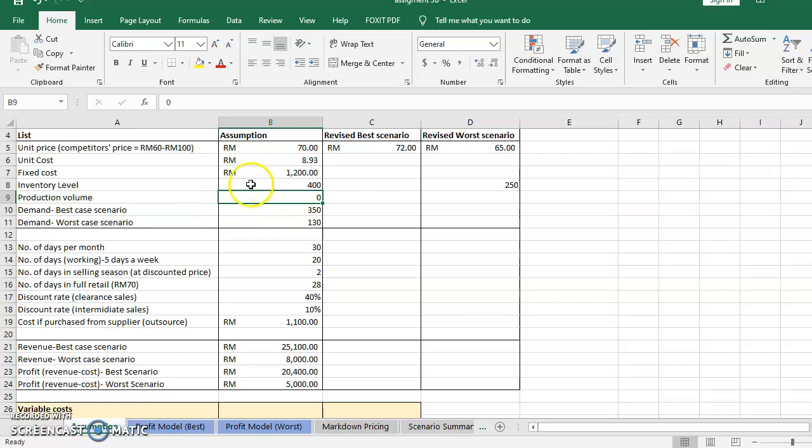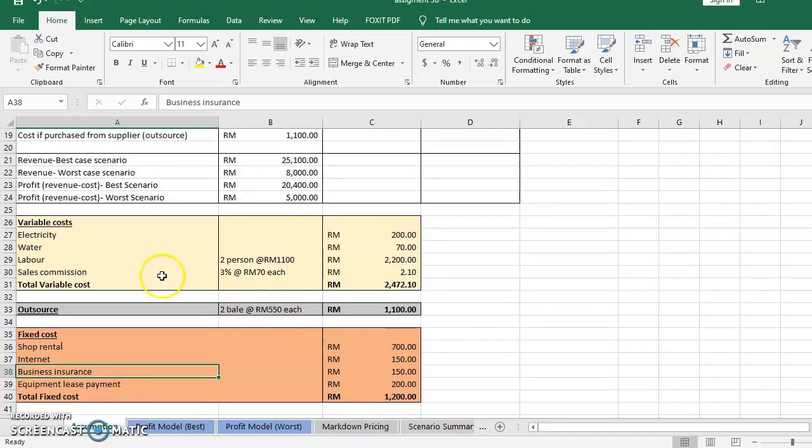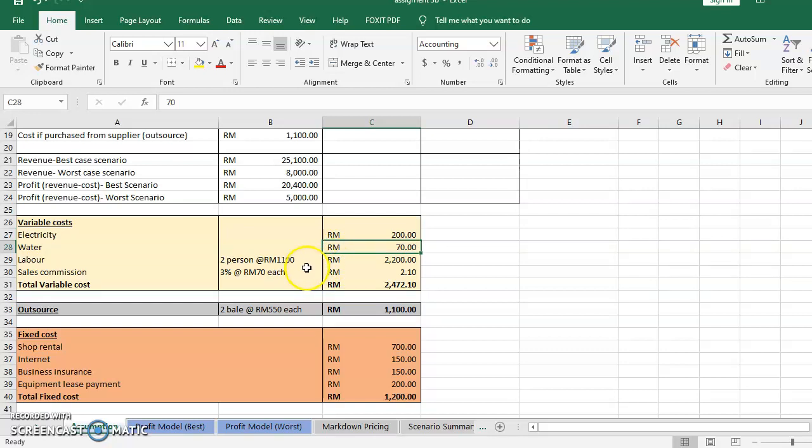For the fixed costs, this is the list of the items: shop rental, internet, business insurance, equipment lease payment, and the total fixed cost is 1,200. The variable cost is 2,472 ringgit 10 cents, which includes electricity 200, water 70 ringgit, and labor.